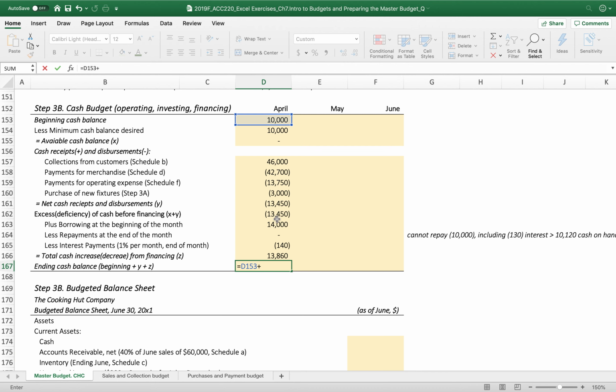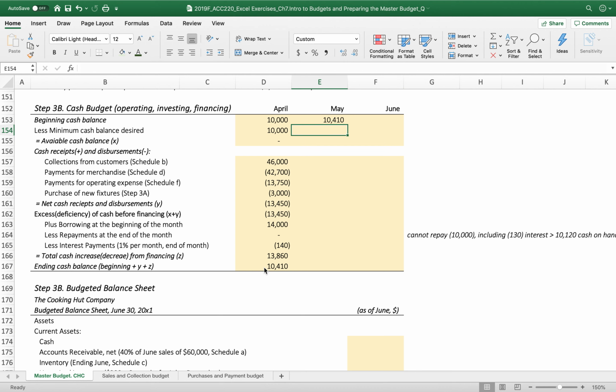The net cash disbursement was 13,450, and then Z, right? So 10,410 is ending balance at the end of April, and then the beginning balance of cash on May is 10,410, right?